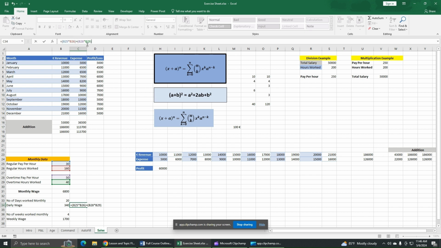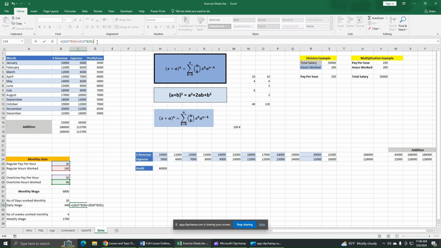From this first bracket to this first bracket is the regular pay, and from this first bracket to this first bracket is the total overtime pay. So I'm giving one first bracket for both of them. This will indicate the total monthly wage.